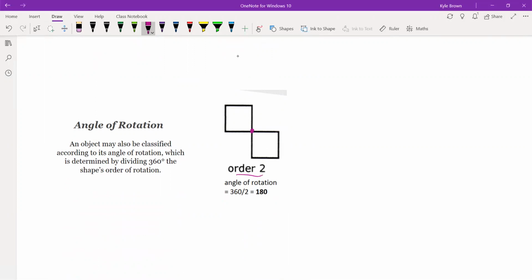So really, to figure out the angle of rotation to do that, it's going to be the angle of a circle, so 360 degrees divided by 2, so 180 degrees, which makes sense. I would have to flip this thing around 180 degrees to make it look identical for that first order of rotation, right?